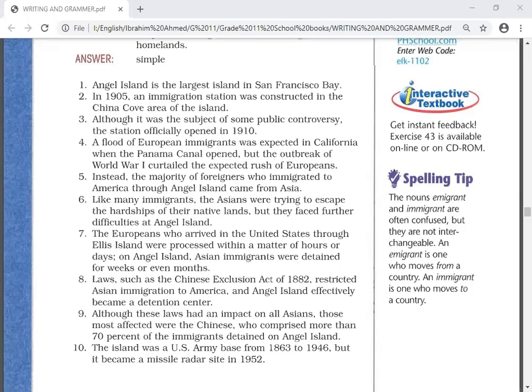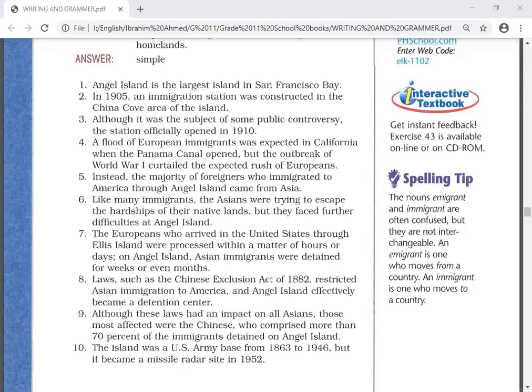Number 4. Let's take Yasmin. Can you do it, Yasmin? Compound only.